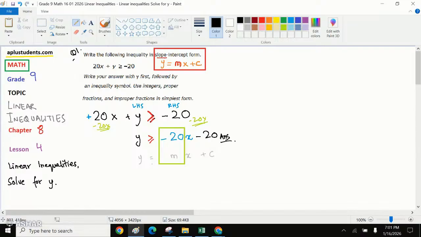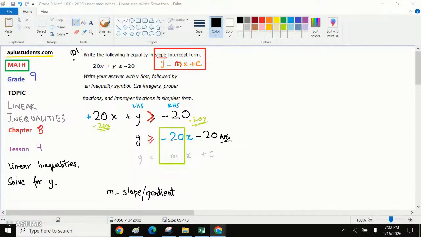Sometimes some teachers would say y is equal to mx plus b. See, b or c, any variable, but m is the slope. m would represent the slope, and another word for slope is gradient. It tells us how slanted a line is.